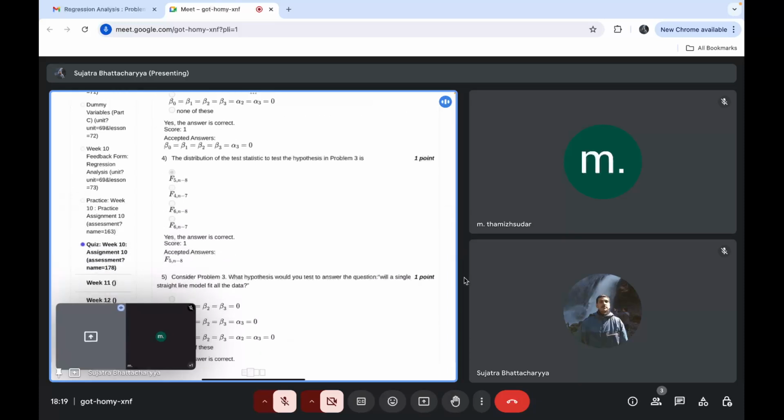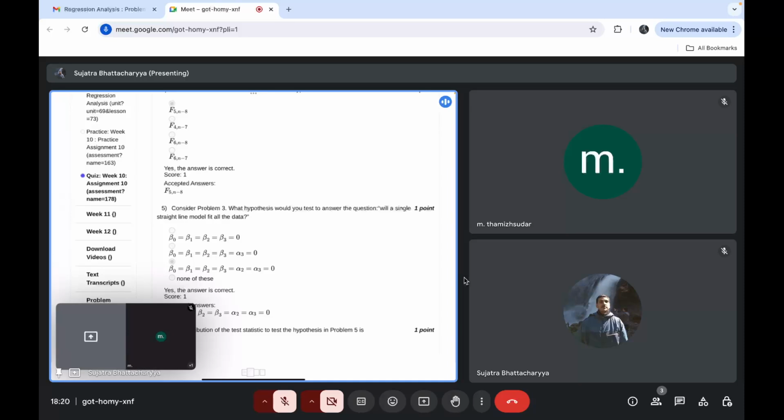And the distribution, fourth question, I have combined both, third and fourth. The distribution of the test statistic to test this hypothesis in problem 3 is F5, n minus 8. Okay, so we have seen how to calculate the degrees of freedom of the numerator and that of the denominator. Simple, with the simple concept we can calculate it. That I have shown. So third and fourth question is done.